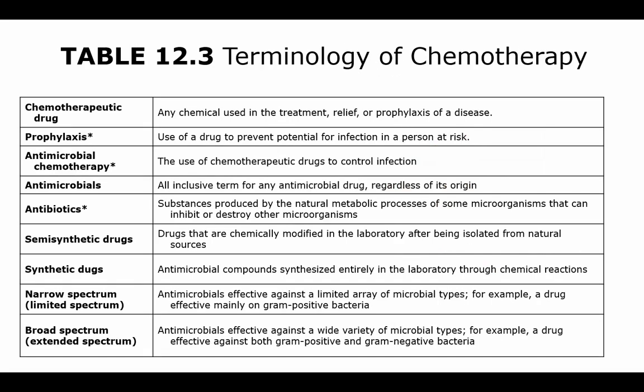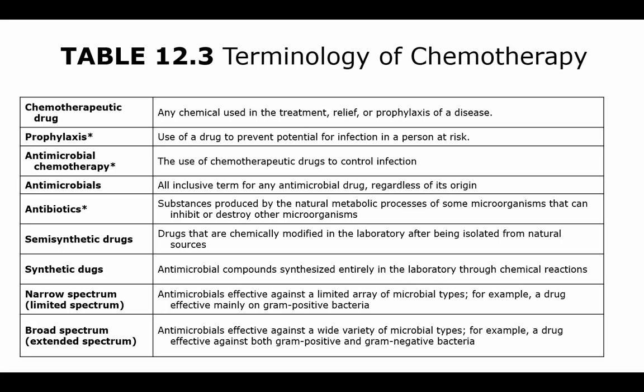This is the terminology of chemotherapy. If it's a chemotherapeutic drug, it's a chemical that's used to treat or relieve or keep the disease from coming back. Prophylaxis is when you give a drug to prevent a possible infection if the person is at risk. Antimicrobials, that's a term for any antimicrobial drug.